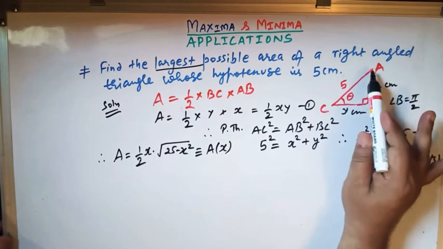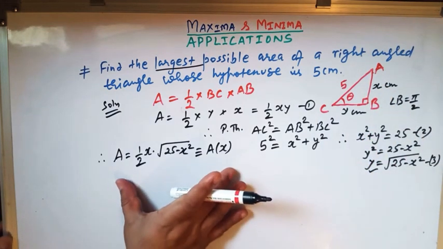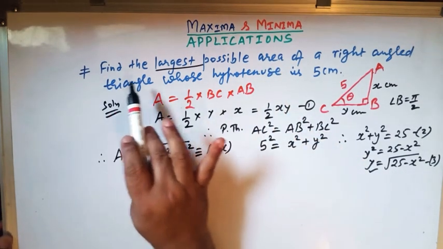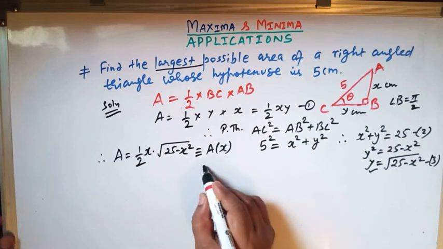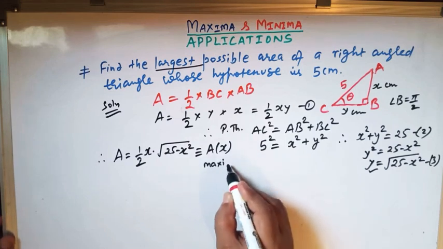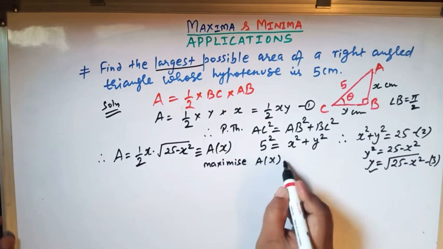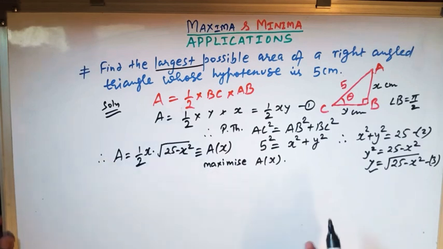So x is the perpendicular distance here. So now we have obtained the area function and we have to find the largest possible area. It means we have to maximize this area function A(x), and for this we will have to differentiate this function.